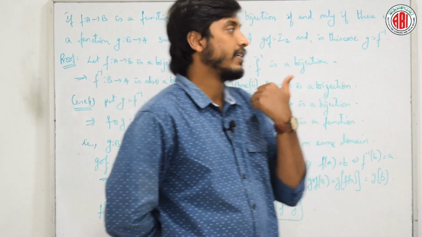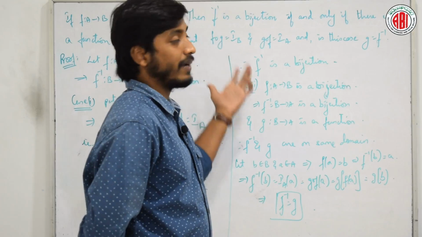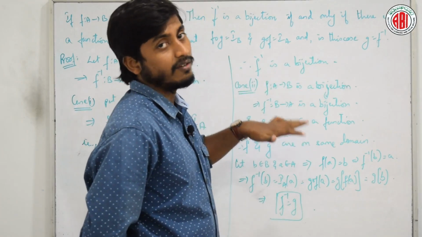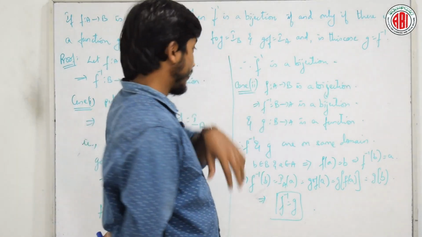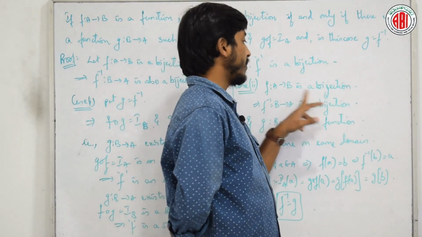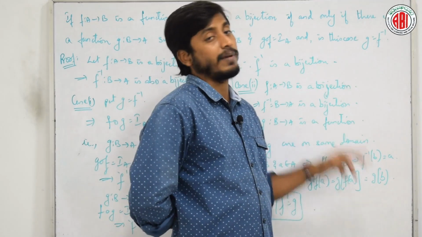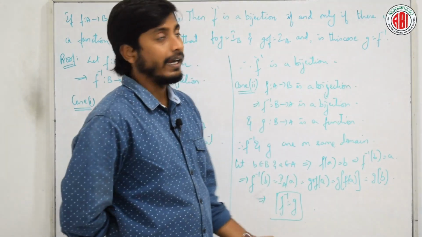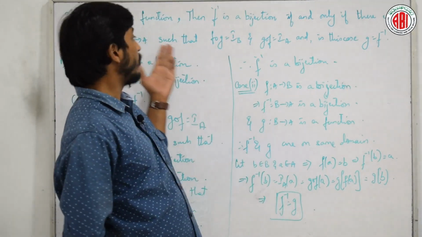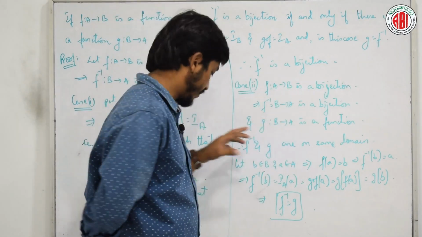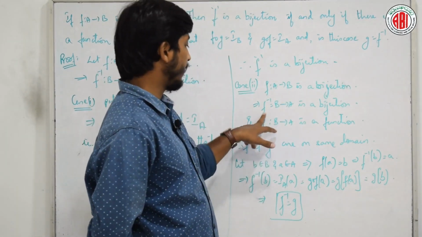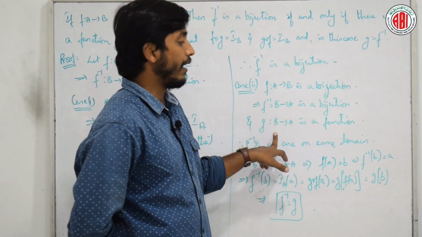Clear? Fine. Similarly, let us take f as a bijection and let us prove g is equal to f inverse. Now see here. f: A to B is a bijection, then obviously f inverse, B to A, is also a bijection, right? And he gave g: B to A is also a function. If you observe here, g and f are on the same domain.